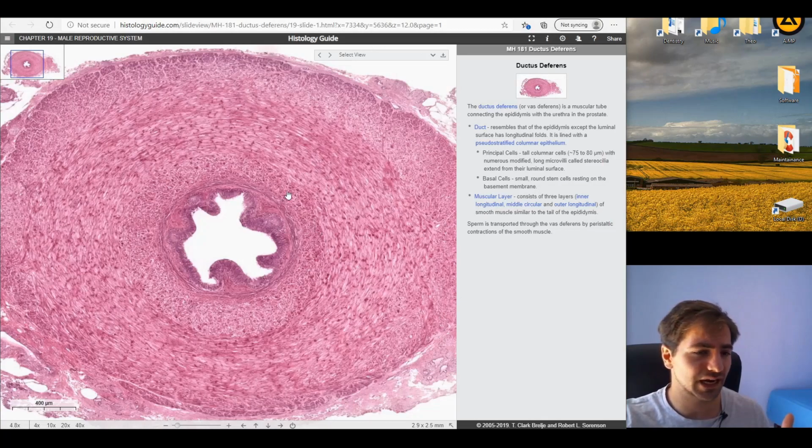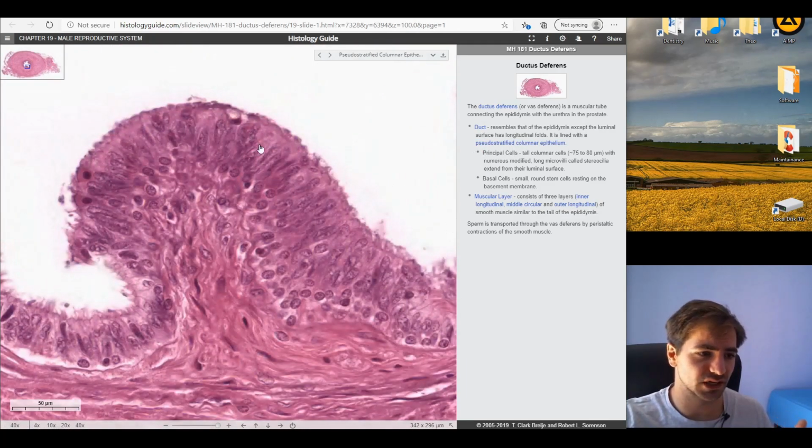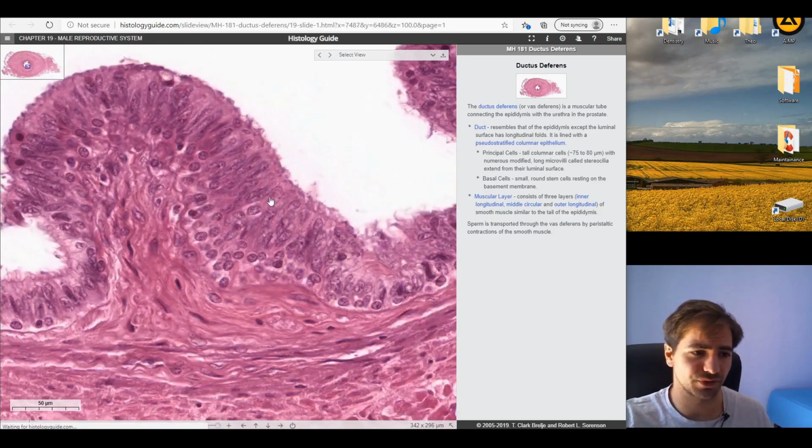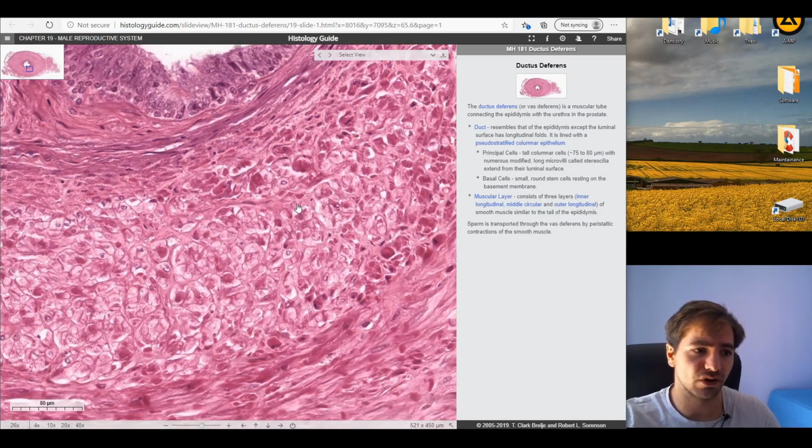Now, if we look at the same thing in the histology guide, we're going to see exactly the same features. So again, the duct inside has the pseudostratified columnar epithelium that we already discussed. It's very similar to classic epithelium, with the columnar cells and the basal cells exactly on the border, close to the basement membrane. And exactly beneath, we're going to start seeing the three layers of the muscle. Now, this is the first, inner longitudinal layer.